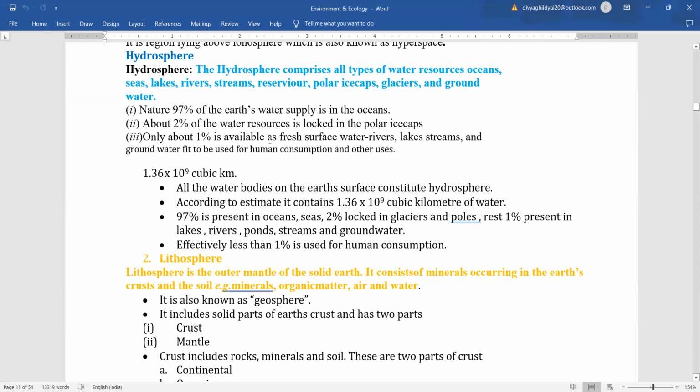Around 1% is available as fresh water, which can be used for human consumption.